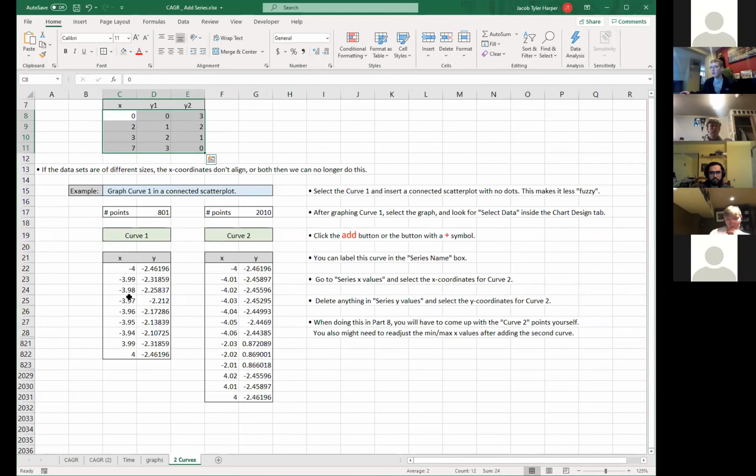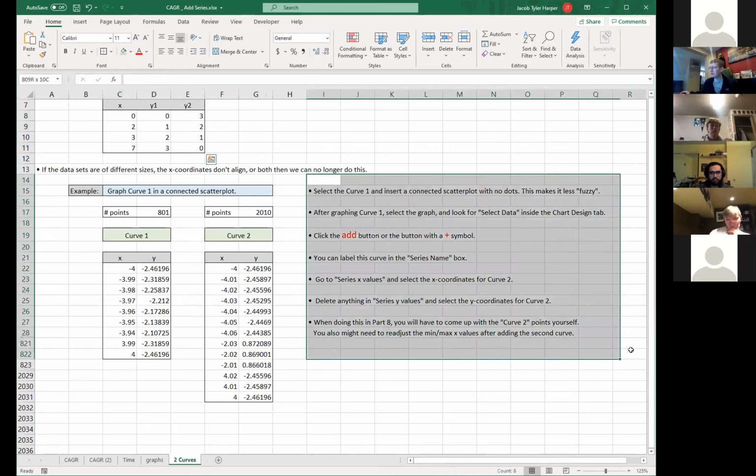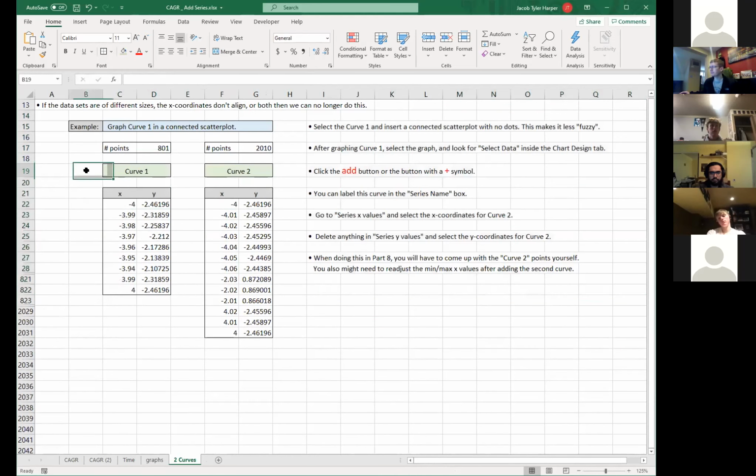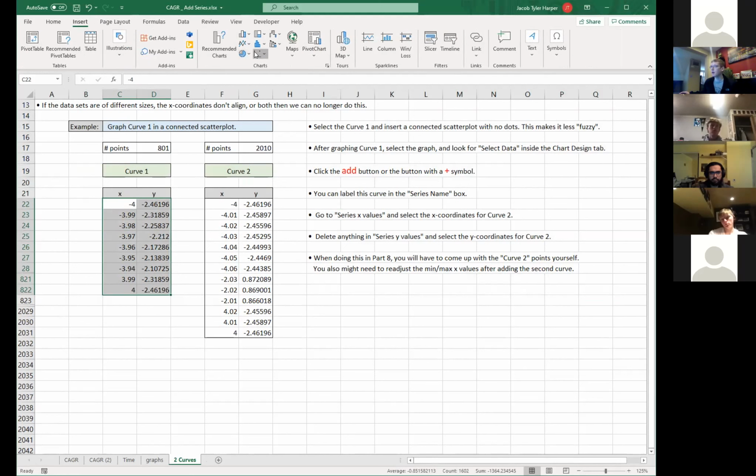So let's see how we graph these two things. I'm just going to follow these steps over here. I did write them down, but let's go through them together. Step 1, just pick either one and graph it. And these tricks only work with scatter plots. So I'm going to graph this as a connected scatter plot, and I'm going to pick one of these 5 options, specifically these two.